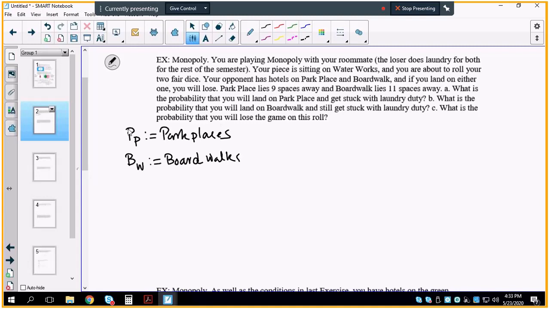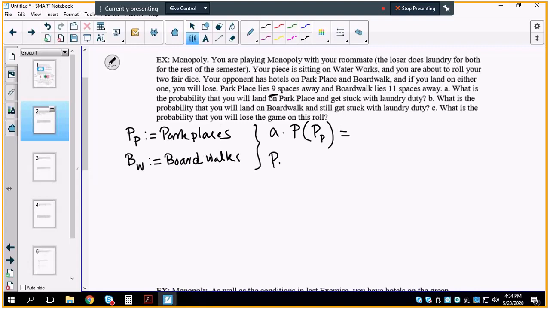So the first question being asked is, what is the probability that you will land on Park Place and get stuck with the laundry duty? So the question is probability of Park Place. Well, you will land on Park Place if you roll the 2 dice and the sum is a 9. So let's write down what are the possibilities to get the sum of 9 in rolling 2 dice.